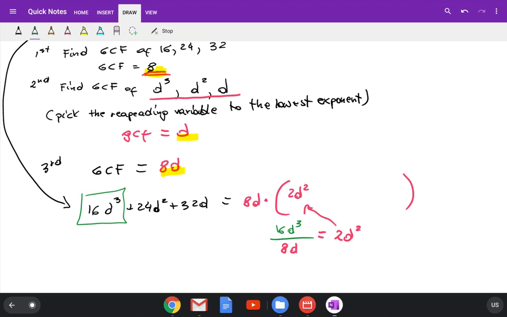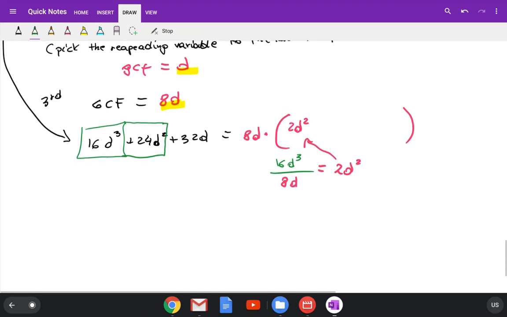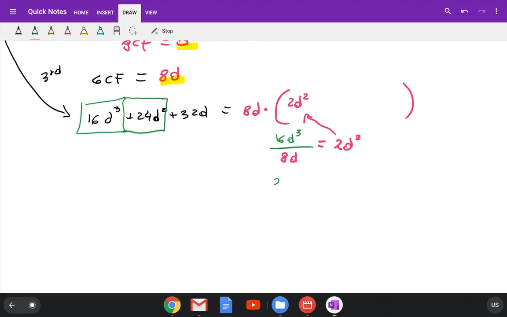Next, we do the same thing. Take the second original term, 24d squared, and divide by the GCF, 8d. 24 divided by 8 gives you 3, and d squared divided by d is d. So the 3d will be in the parentheses, so you have plus 3d.